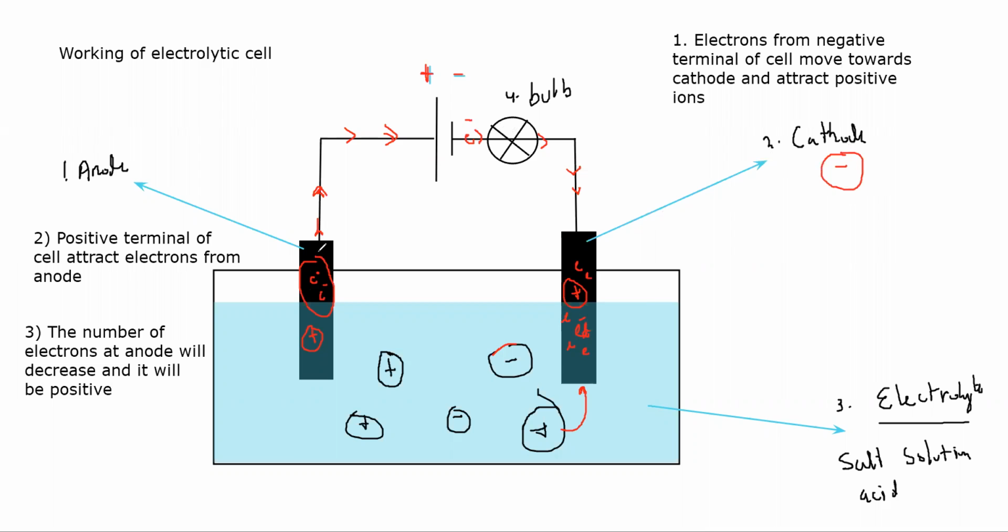Same thing at the anode: the positive terminal of the battery attracts electrons from the anode, so electrons go out. As the electrons go out, most of the charges at the anode are positive, so the number of electrons at the anode decreases and it becomes positive. The positive charge will attract the negative ions from the electrolyte.